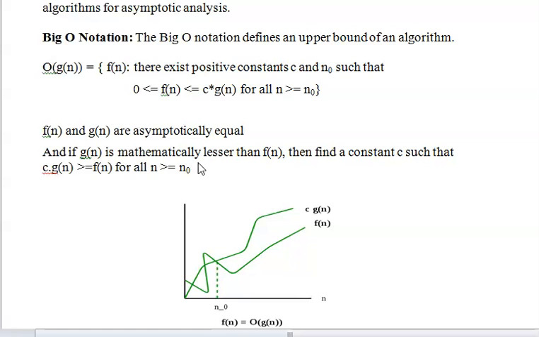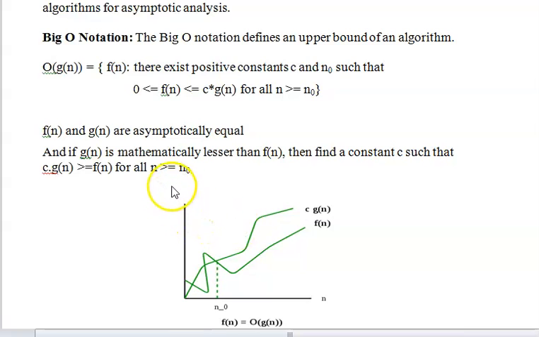You are familiar with asymptotic evaluation, where we neglect the lower degrees of n and we will be considering only the degree of the polynomial. So when we are relating them with mathematical functions, one will be lower than the other. What we have to do is make the lower valued function into a higher one using an appropriate constant.